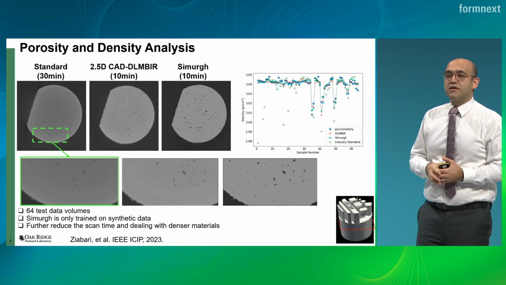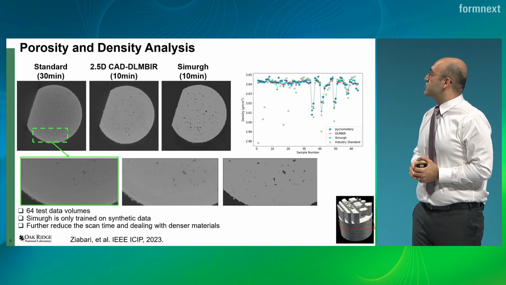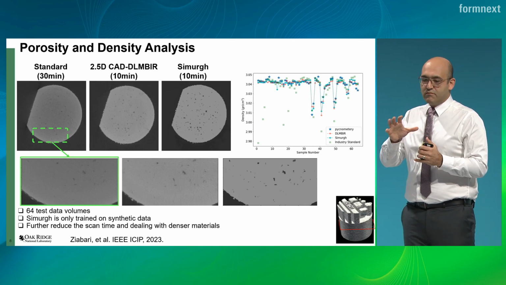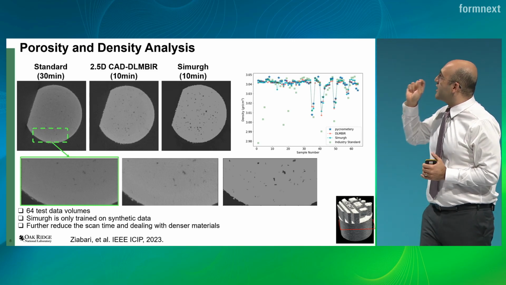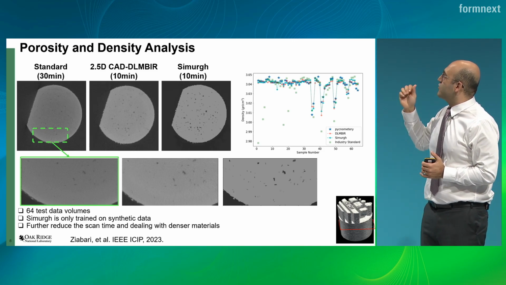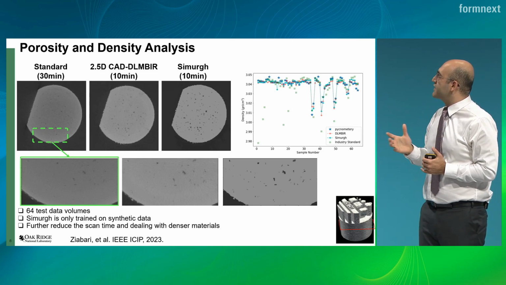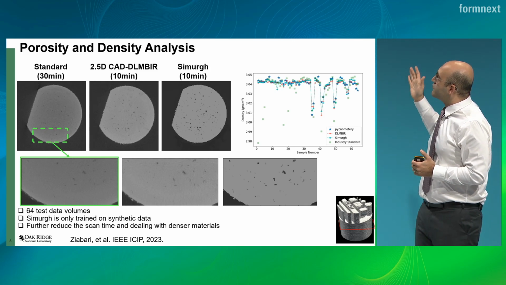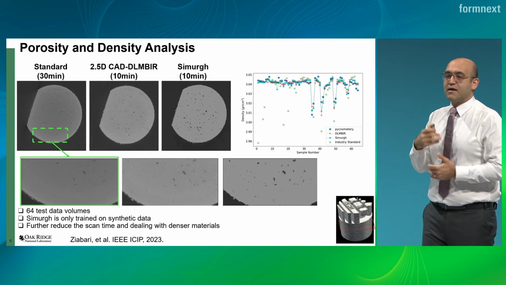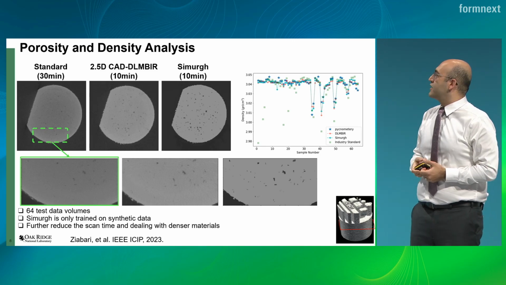And the squares are what you get from a standard algorithm, with a 3 times slower scan. So the key here is not only the quality, it is the consistency of the reconstruction that allows us to follow the trend, because we know pycnometry may not be the perfect ground truth, but it allows us to follow the trend. With the standard algorithm, it's all over the place, and we need to fine-tune everything to get the results.